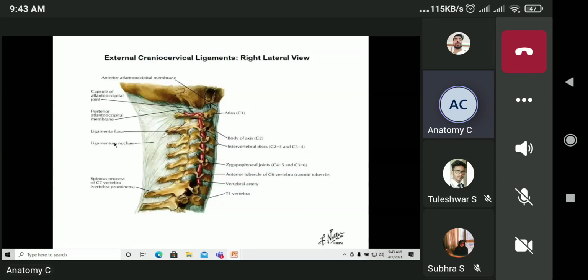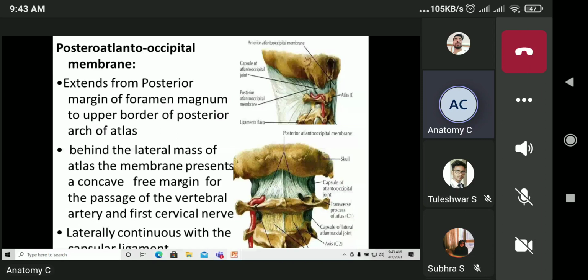You can see here the ligamentum flavum. This is the capsule of the atlanto-occipital joint. You can see this is C1. This is the anterior atlanto-occipital membrane.